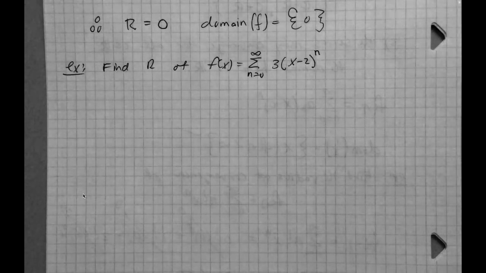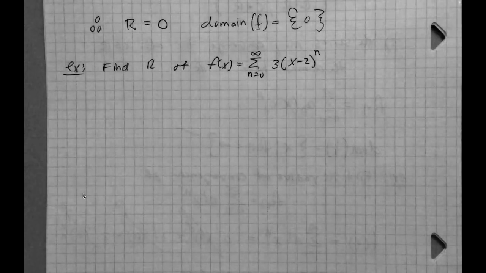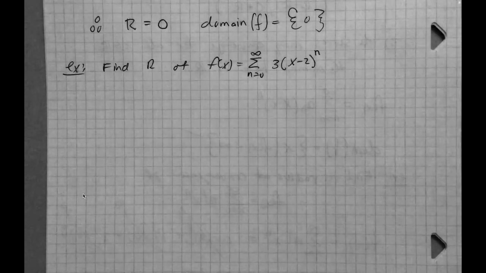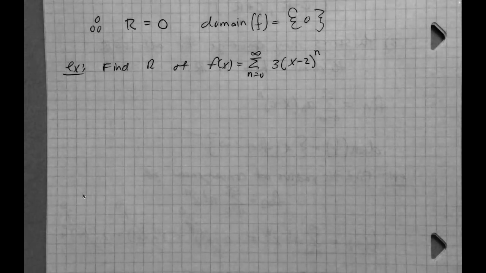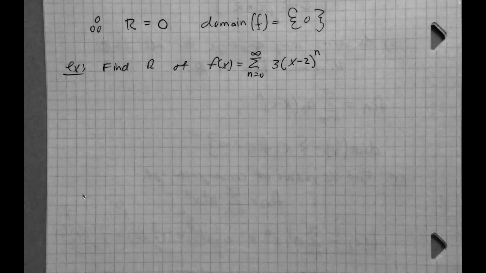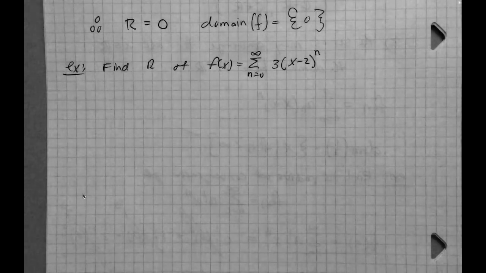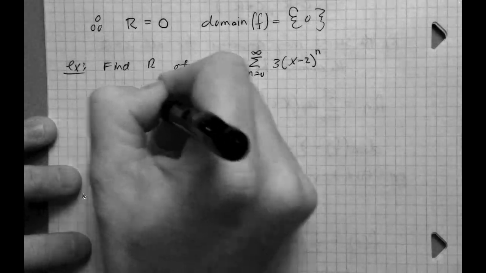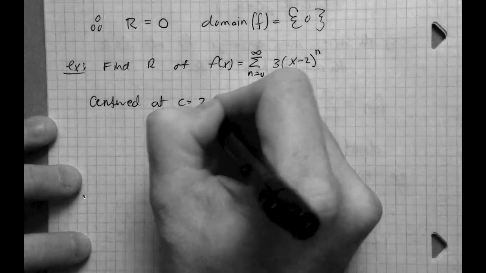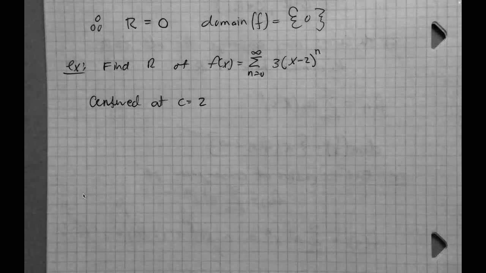So here, you're successively raising a value to an increasingly large exponent. So when will this converge? Right, so first of all, it's centered at c equals 2, so we know it converges at x equals 2.